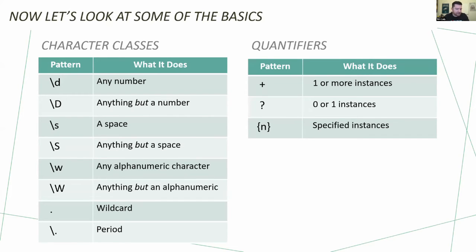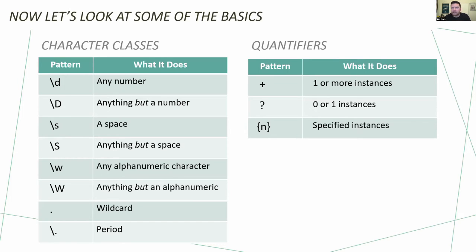Same thing with the s for space, same thing with the w for the alphanumeric characters. And at the bottom, I made note of this already, but the period, when used without a backslash, represents a wildcard. And with that backslash preceding the period, it's a literal character, a period in the true sense.